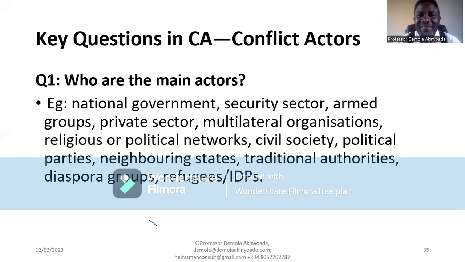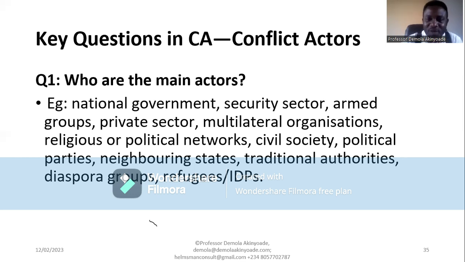You see, by the time we continue to look at this, the former president will also be part, because he has vested interest that his party must continue. The party chairman, all these will eventually constitute our main actors. INEC, main actor, and so on and so forth.